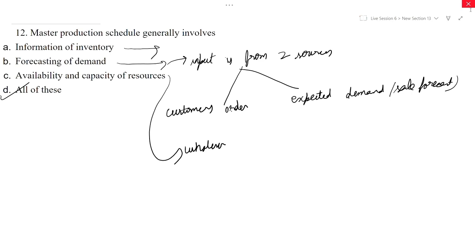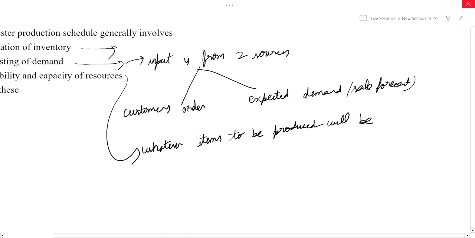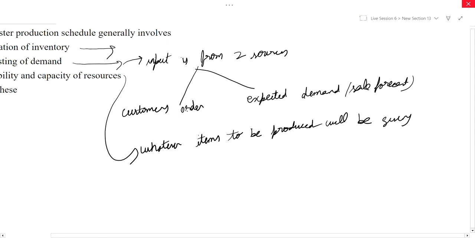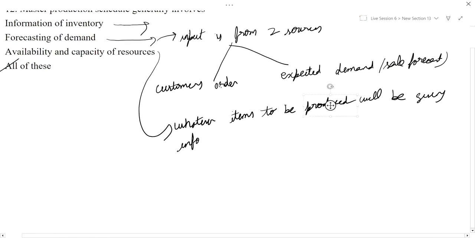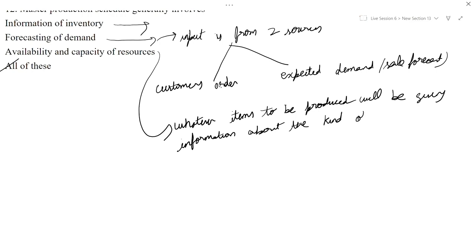Whatever items are to be produced will be giving information about the kind of input material to be used for smooth production.